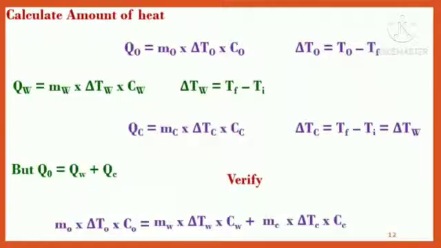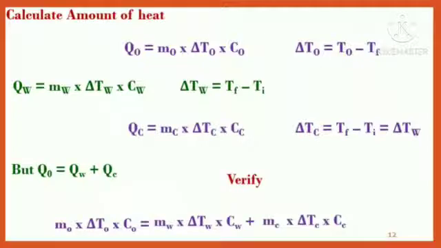Next one, QC is equal to MC into delta TC into CC. Delta TC is equal to TF minus TI, which is equal to delta TW. Here QC is the total heat gained by the calorimeter, and MC is the mass of the calorimeter.